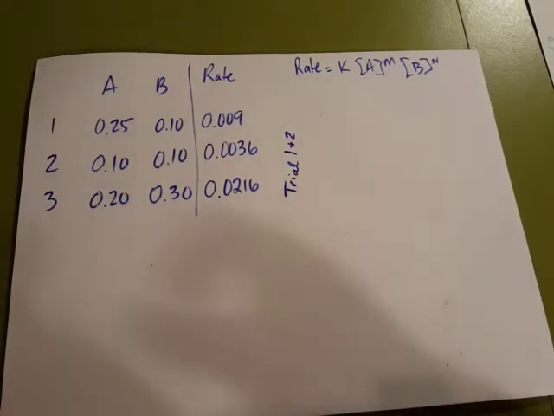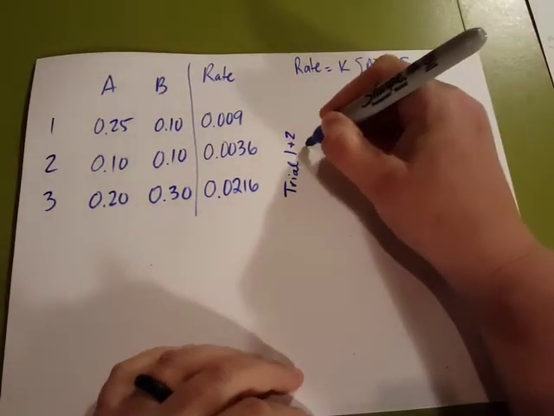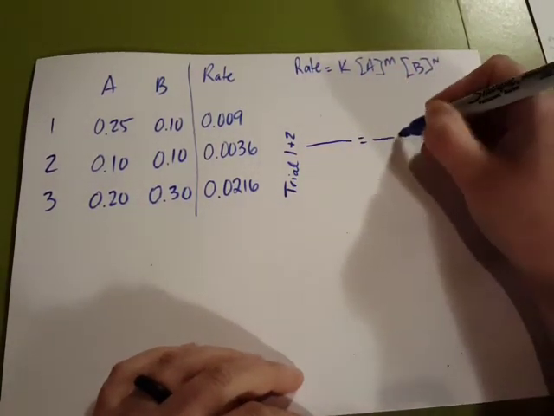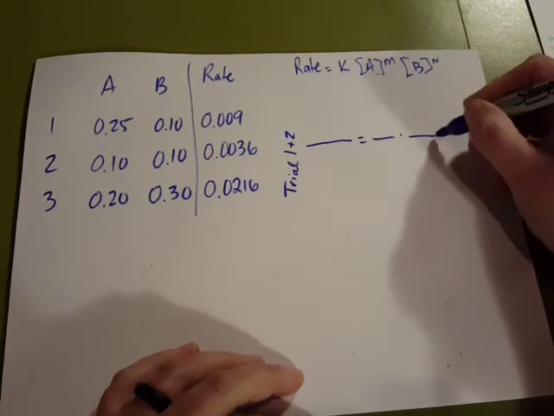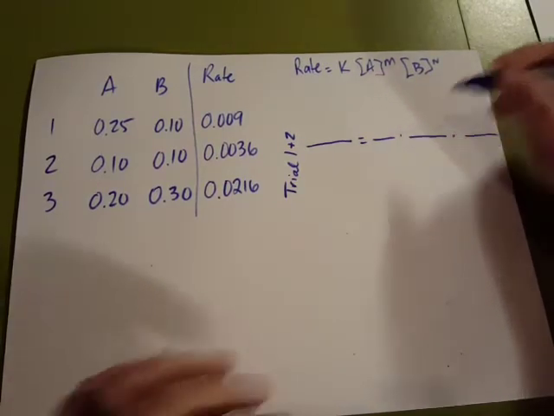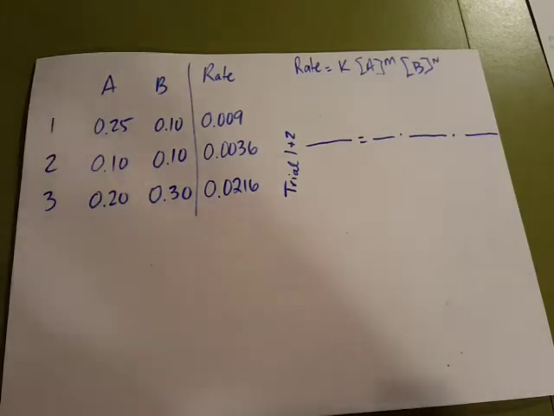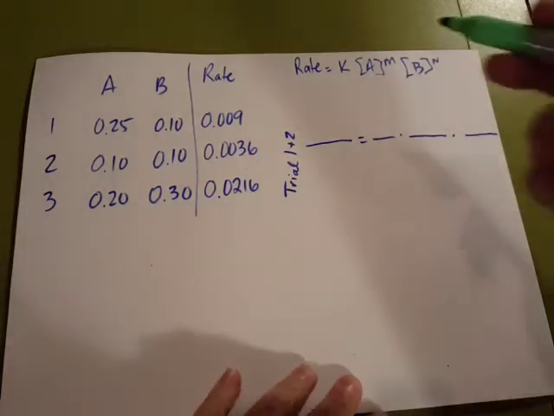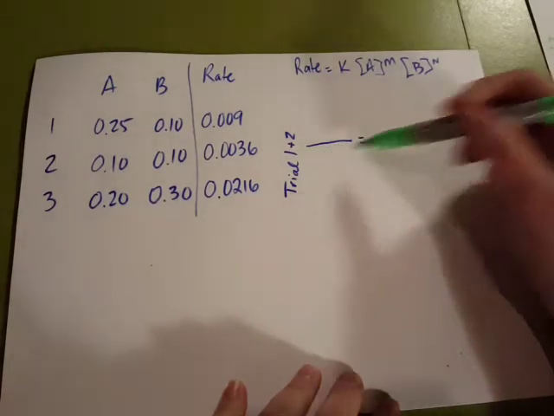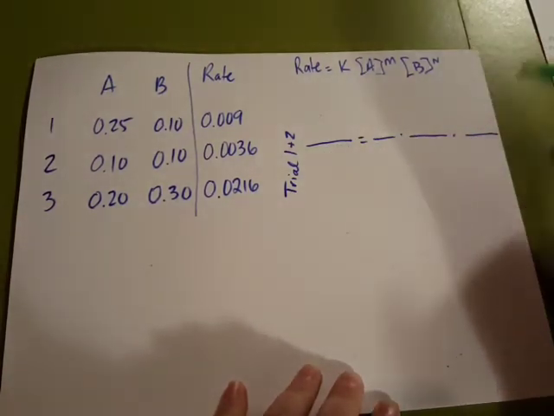Here we're going to need a placeholder for rate, placeholder for K, placeholder for A, and for M. I'm putting these little dots here to signify multiply signs, but instead of using an X, because then that starts getting tricky. I'm going to put all the values for trial 1 on top and all the values for trial 2 on the bottom.